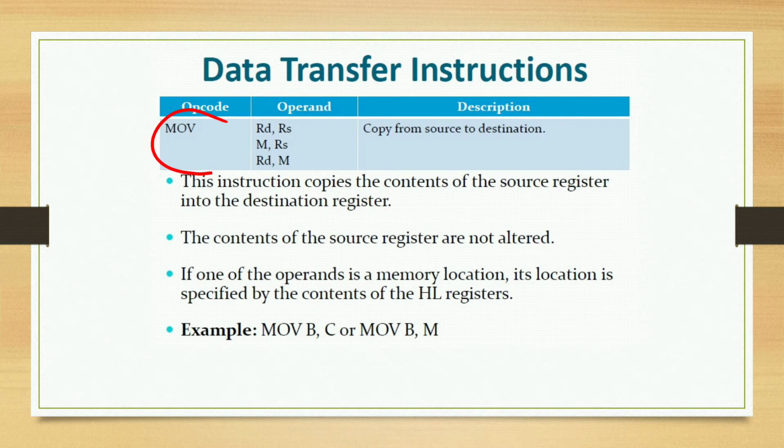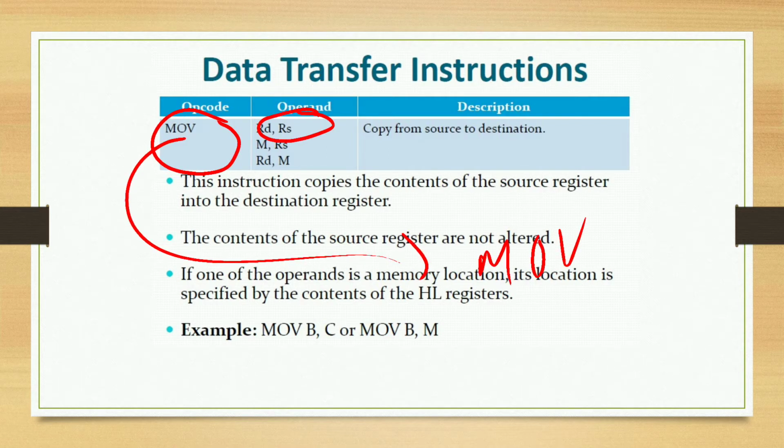Here MOV indicates MOV RD, RS, where RD is the destination register and RS is the source register. Suppose the MOV instruction is MOV B, C. B is the destination register and C is the source register.